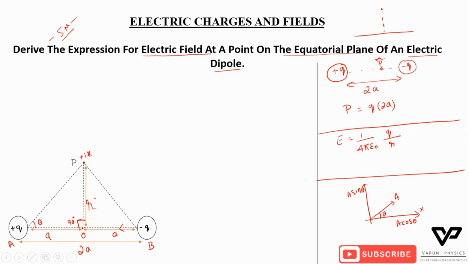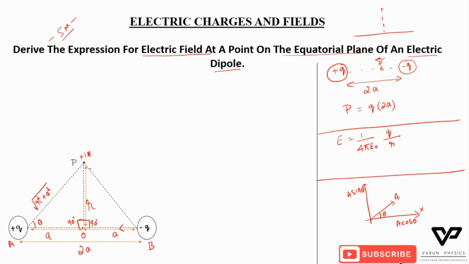Since it is a and this is r, the distance from A to P, that is, the distance between plus q and the plus 1 coulomb test charge, can be written as under root of r square plus a square. Similarly, here also the distance is the same, and the angle is 90 degrees.